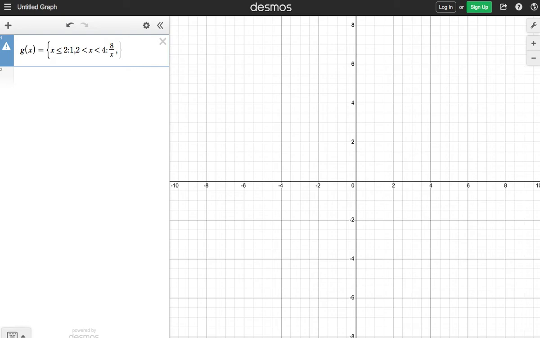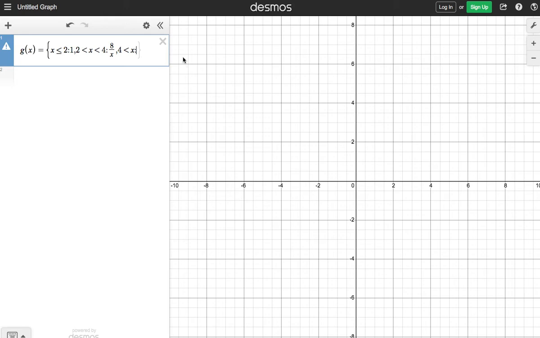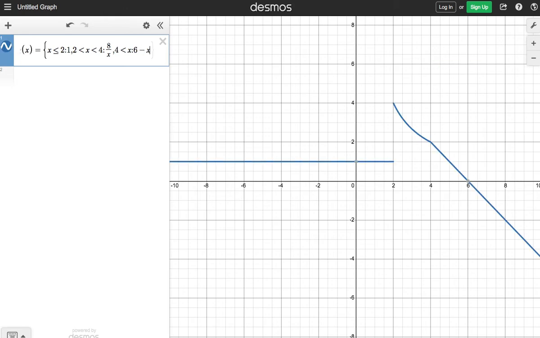I'm going to enter my condition of x is greater than 4, or I guess you could do what they have, which is 4 is less than x. I'll put the colon, followed by what the function should equal there, which is 6 minus x. And then I'll end this, because that's the end of the function, with my curly bracket.